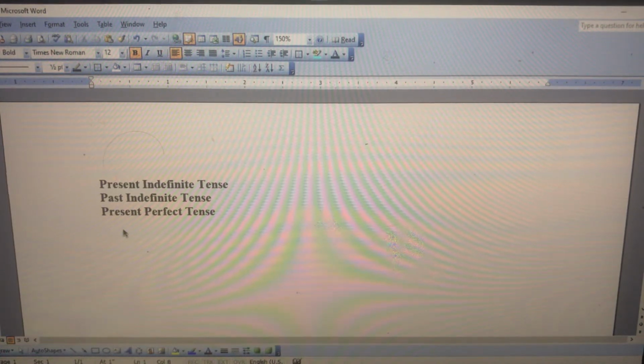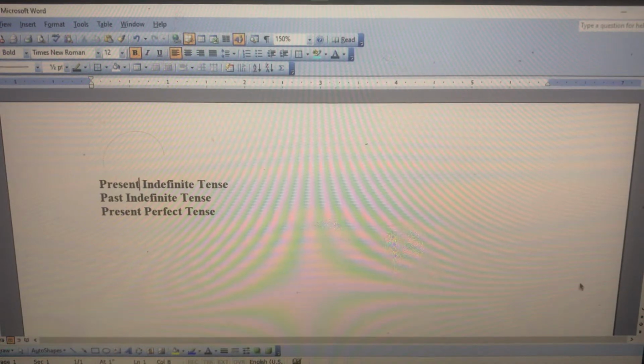For the third stage, change again and go to present perfect tense. When you go to stage number 4, again go to present indefinite, and keep on changing and rotating your tenses, right? You should not use one tense continuously. It will make a boring report.